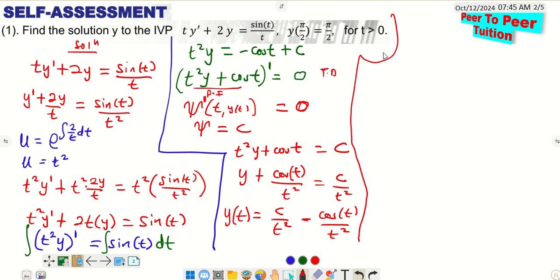We have been given an initial value problem, y of pi on 2 equal to pi on 2.